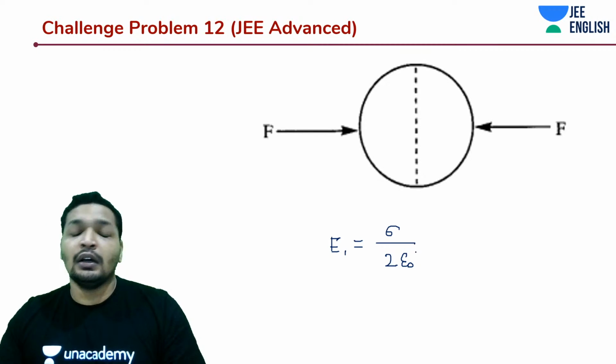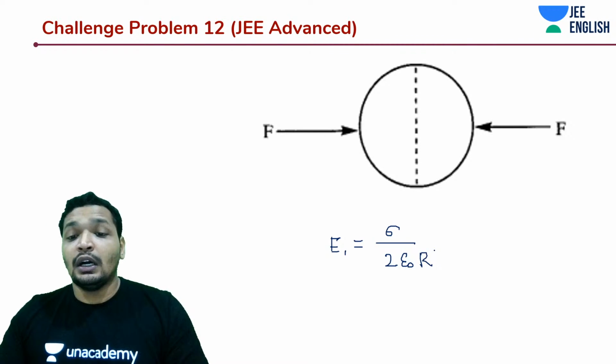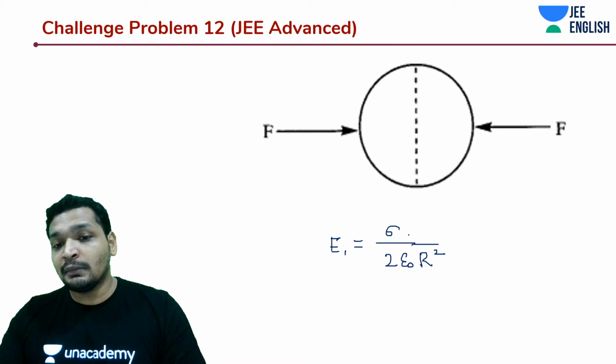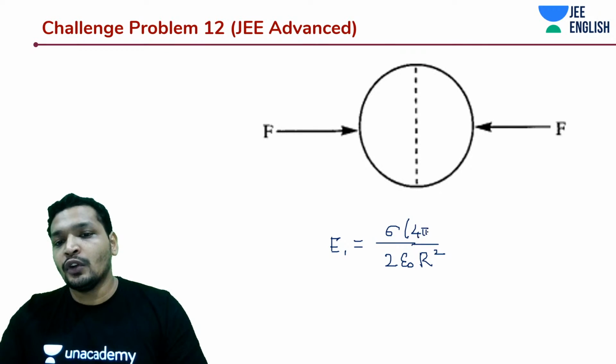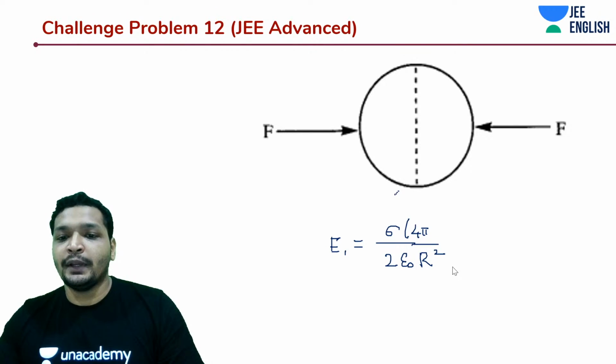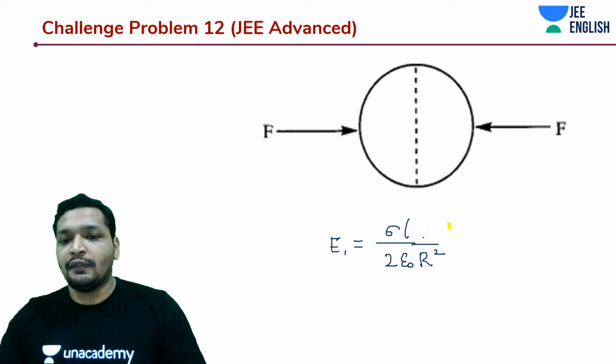Sorry, I'm really sorry guys. Sigma divided by 2 epsilon naught into area 2 pi r square. I've confused you.